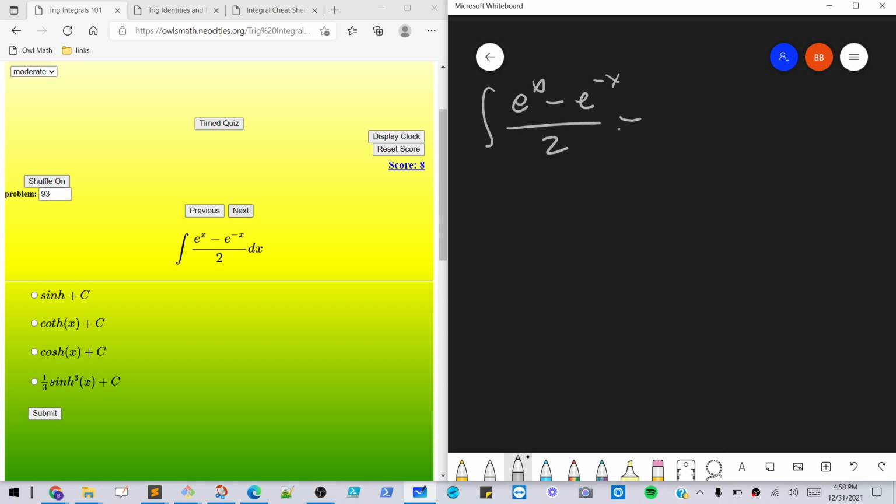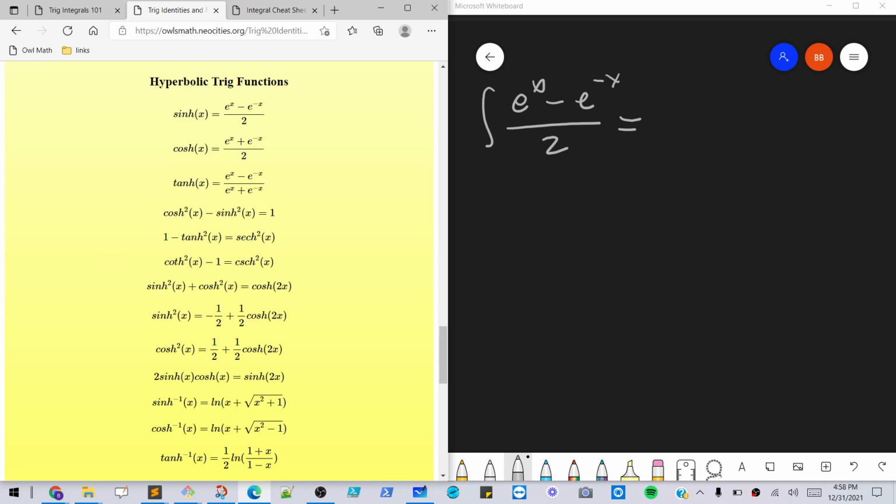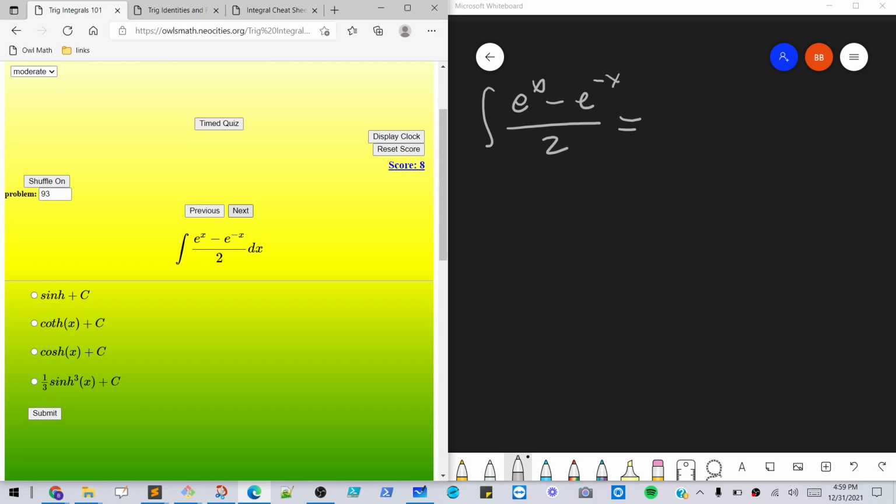I'm going to turn this back into its equivalent as a hyperbolic sine right here at the top. So this is just going to be sinh x dx, and then that's just going to be cosh. Oh, there's no dx there, sorry.